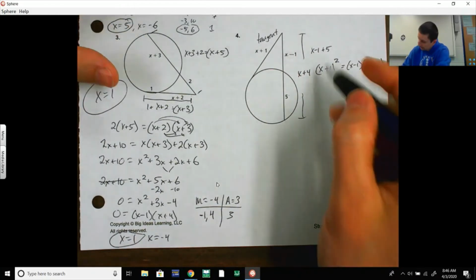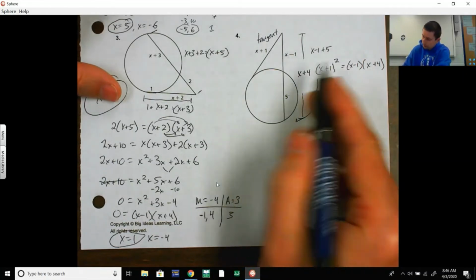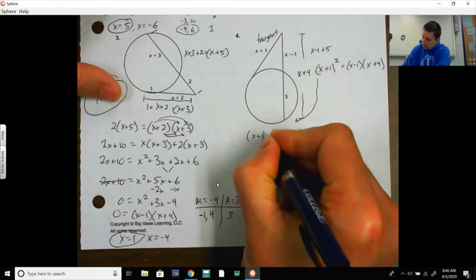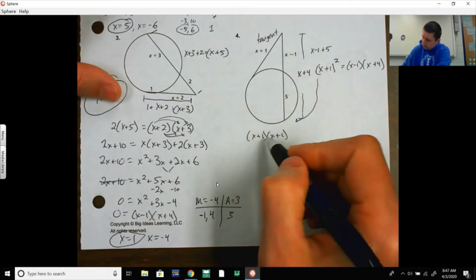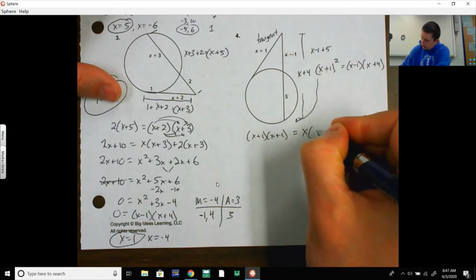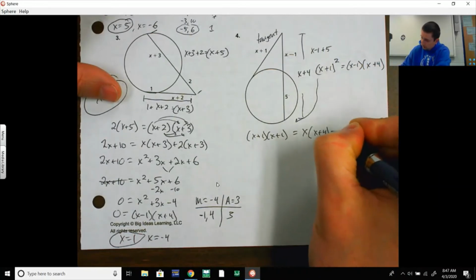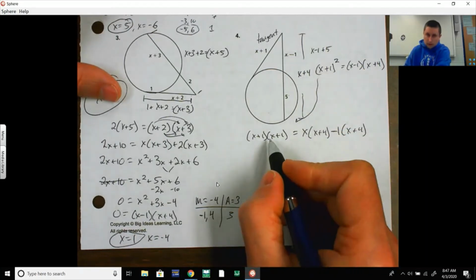Okay, I'm going to have to bring this down to give me some more room. X plus 1 squared. If you're squaring x plus 1, you have to take x plus 1 times x plus 1. This one you have to double distribute, so x times x plus 4 minus 1 times x plus 4. This one also double distribute.